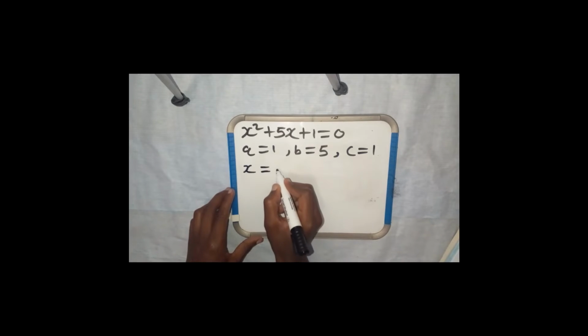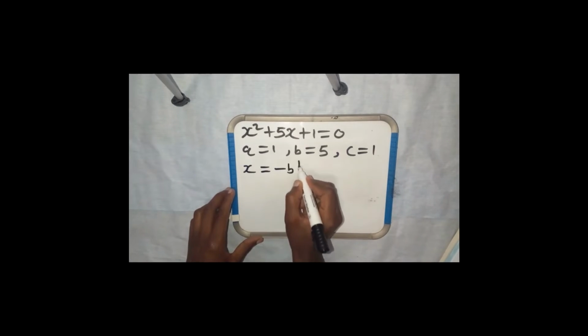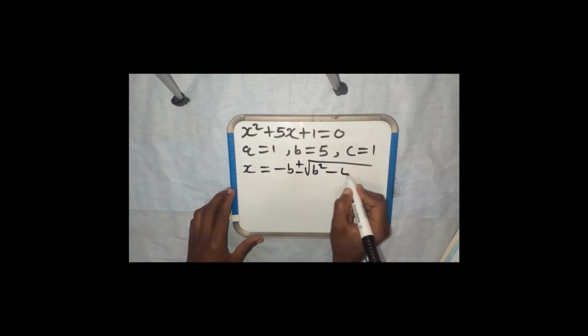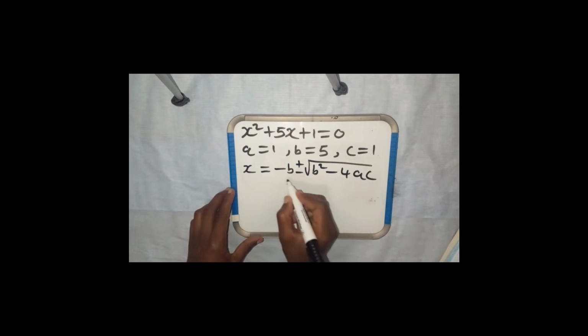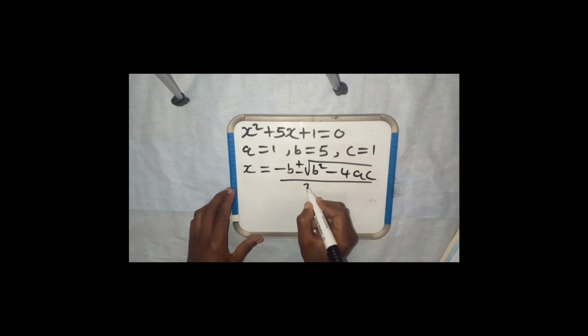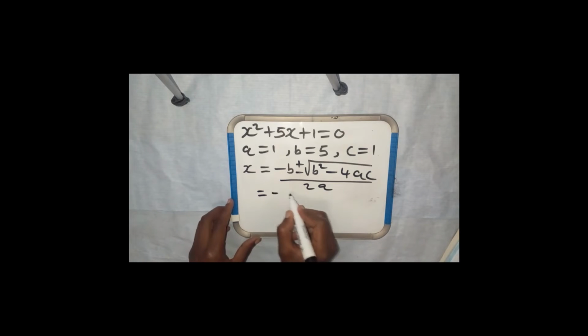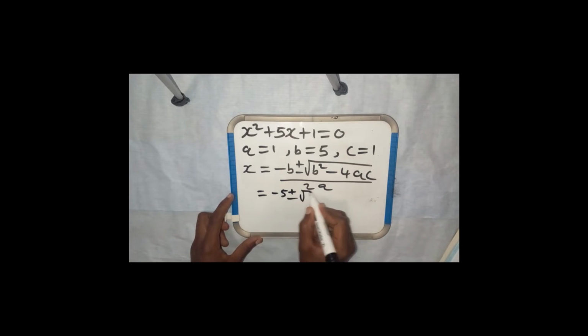Right, here is our quadratic formula. x is equals to negative b plus or minus square root of b squared minus 4ac all over 2a. Now we need to substitute. Then we've got negative 5 plus or minus root 5 squared minus 4.